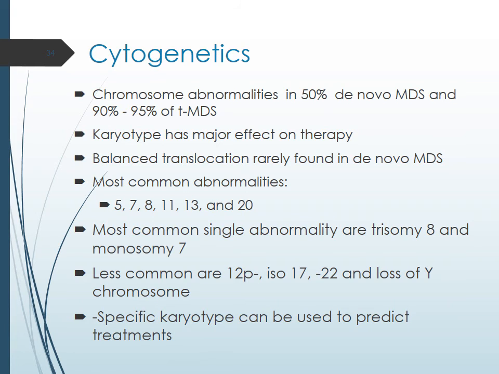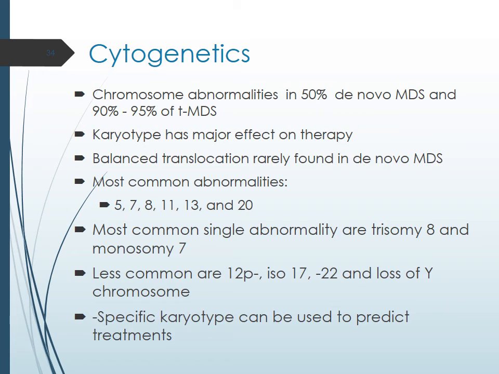Then you have deletion of 7 or deletion 7q, and this also occurs at about 20% incidence in MDS patients. It has severe refractory cytopenias, increased incidence of severe infections.